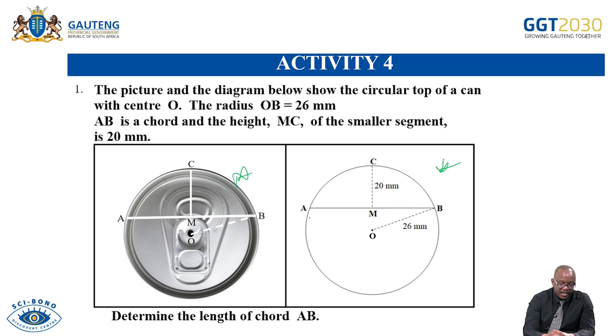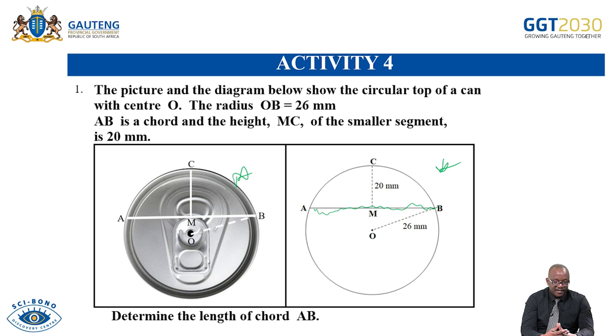So now we are required to determine the length of what? Of chord AB. Like I said, these are exam type of questions. In this case, they are giving you a scenario. It means you must read your scenario or statement, look at the diagrams that are given, and analyze from the diagram.